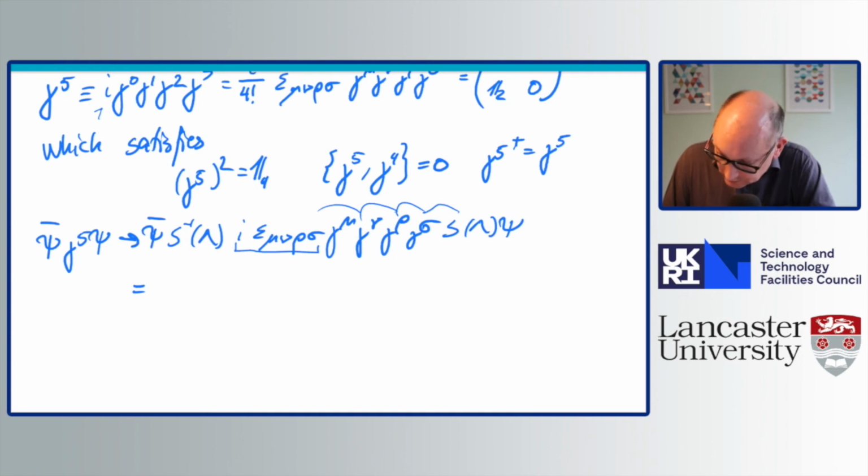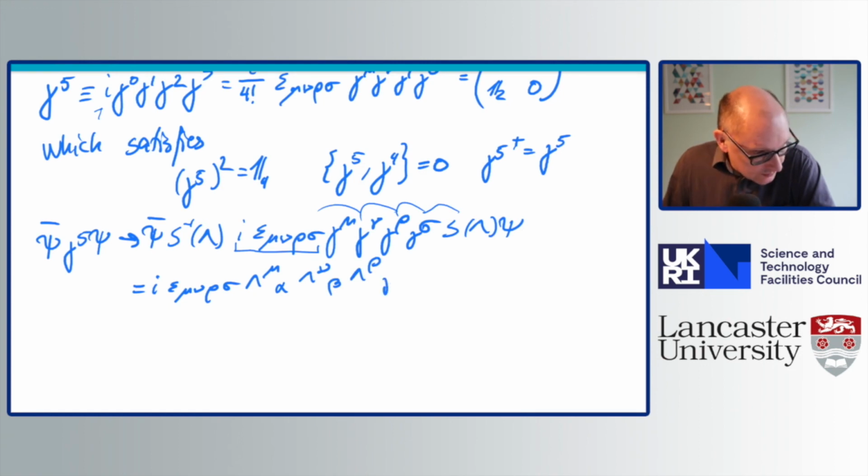So it's i epsilon mu nu rho sigma lambda mu alpha lambda nu beta lambda rho gamma and lambda sigma delta. Let's call this something else, delta.